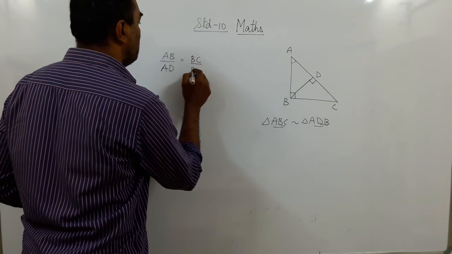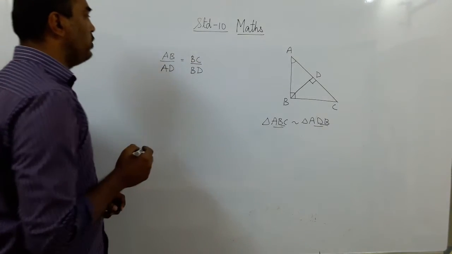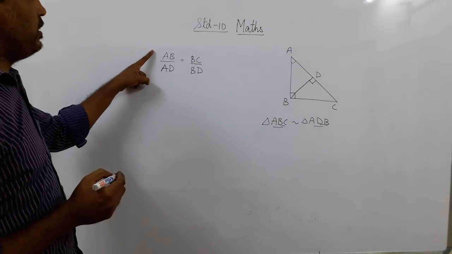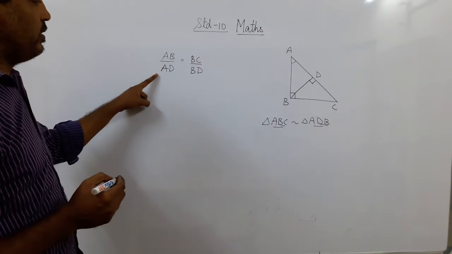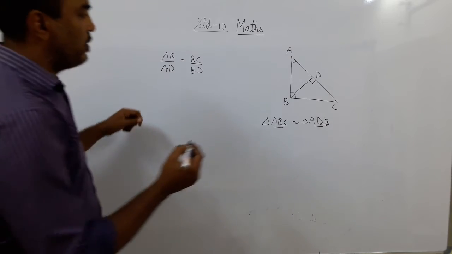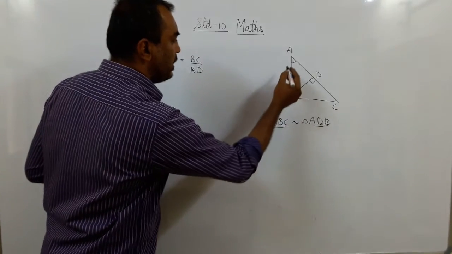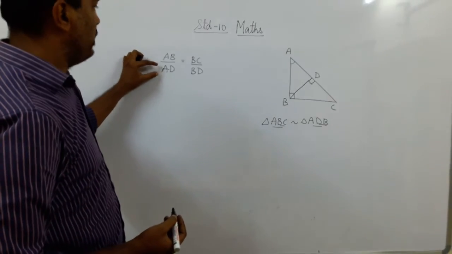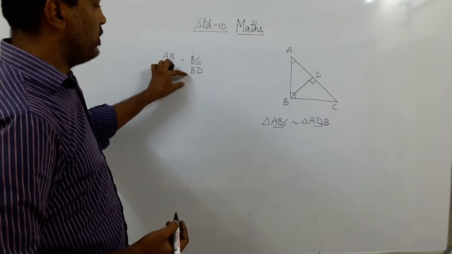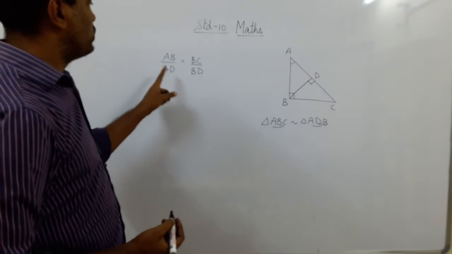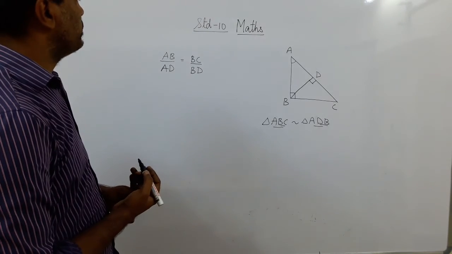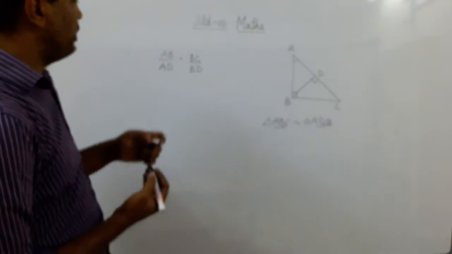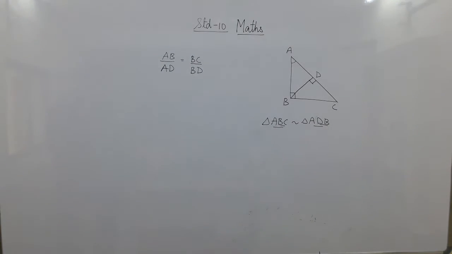Why am I telling you this? From ABC and ADB, we have got AB upon AD equal to BC upon BD. So if you cross multiply, what do you get? You get AB into BD.